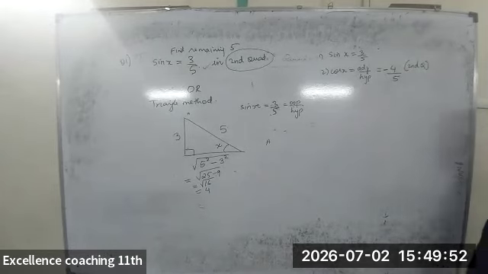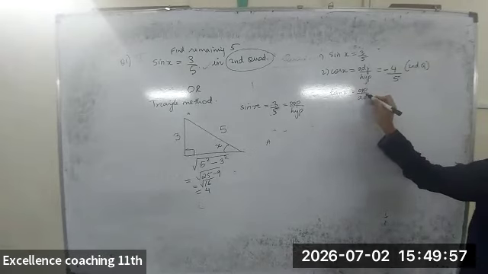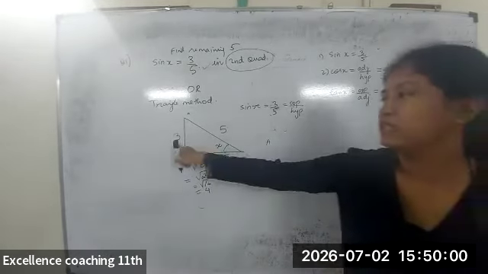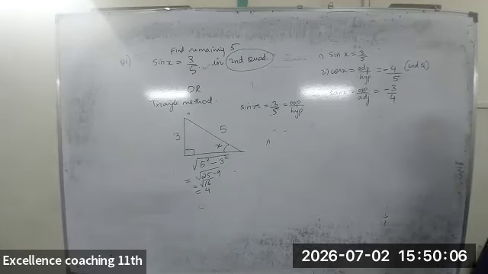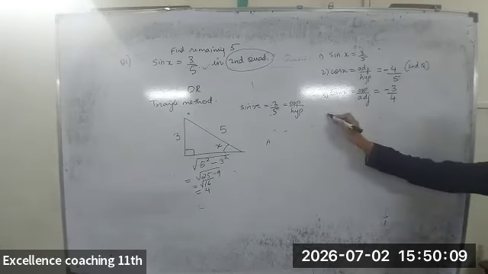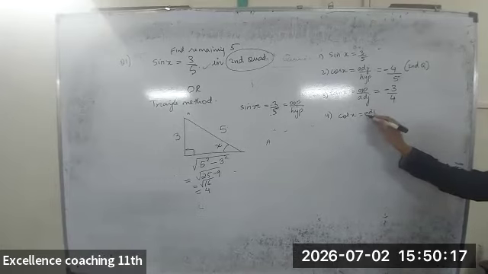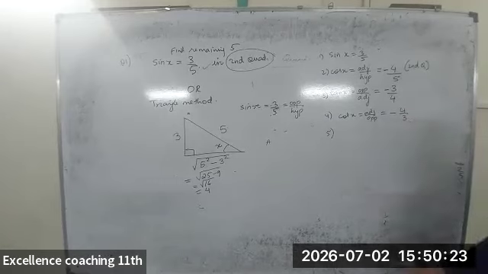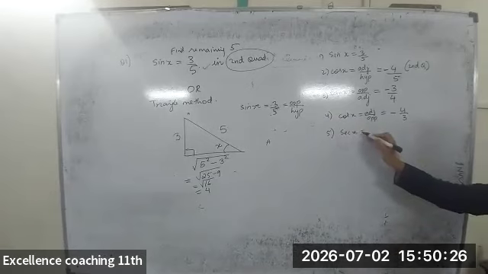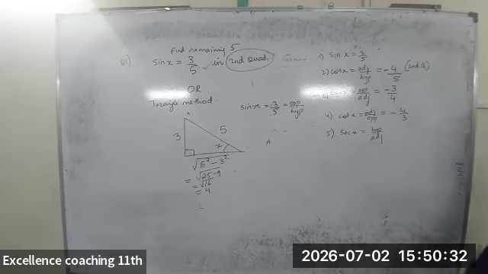And tan x is opposite upon adjacent, and again this is also minus. Cot will be the reciprocal of this also, either way.